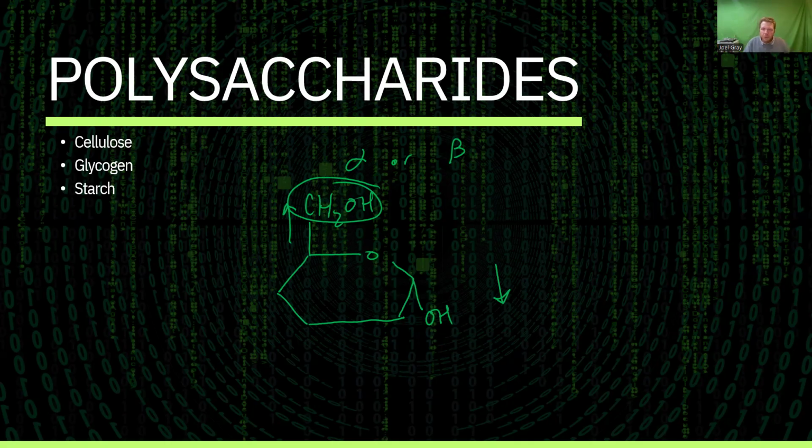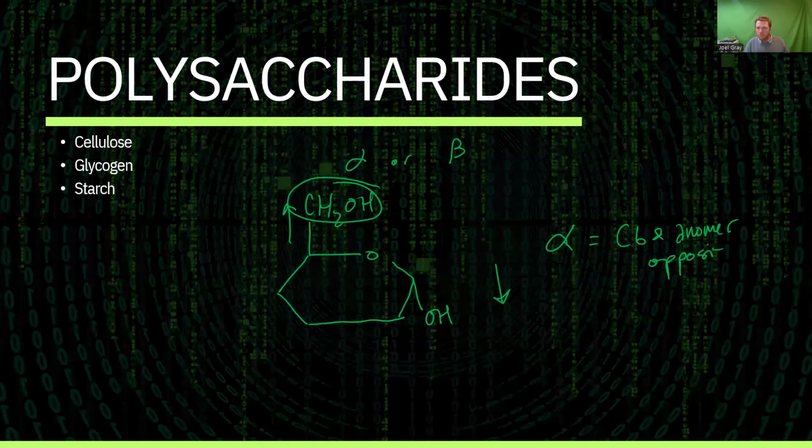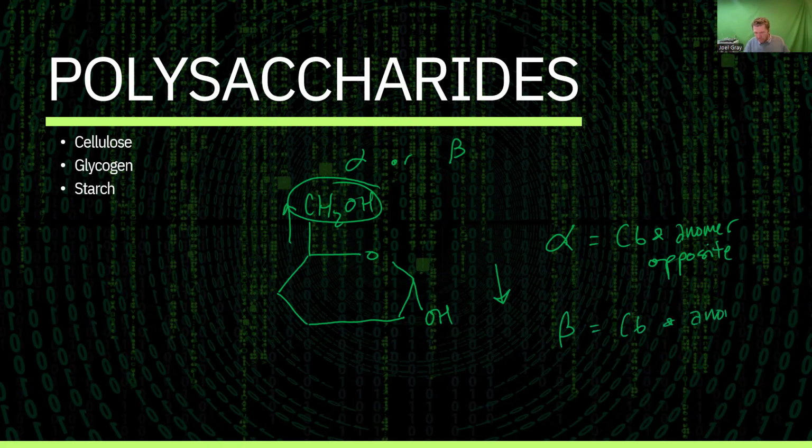But it might be easier for you to think about alpha as C6 and anomer opposite. Beta is C6 and anomer same. Does that help? Does that make sense?